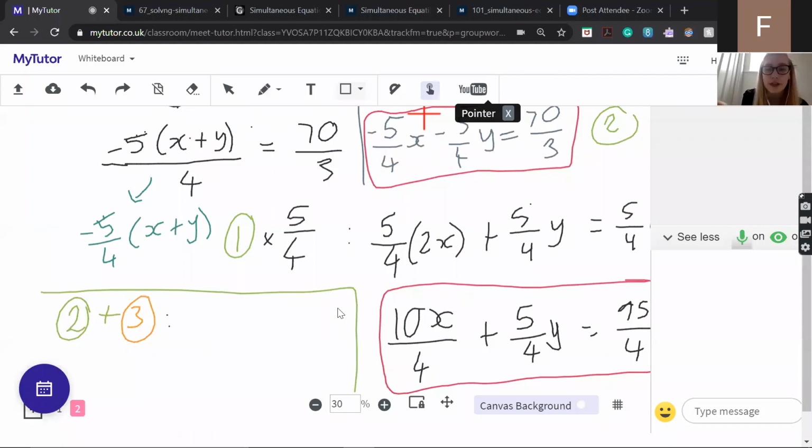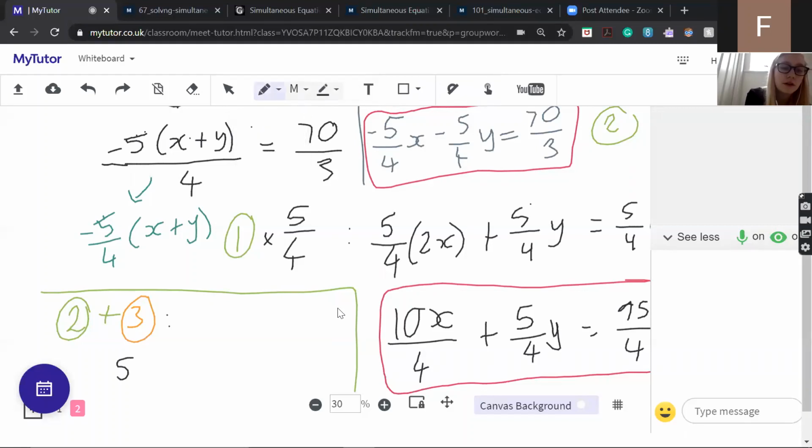Minus 5x over 4 plus 10x over 4 is going to give us 5x over 4. I don't want to dwell too much on the fractions because I did do a lesson on fractions last week. We know that the minus 5 over 4y plus 5 over 4y is going to cancel out. So we just say that this is equal to, and I'll write this one out first, 70 over 3 plus 95 over 4.